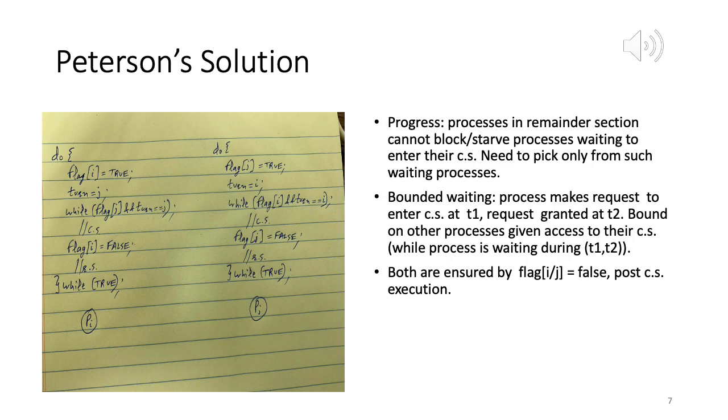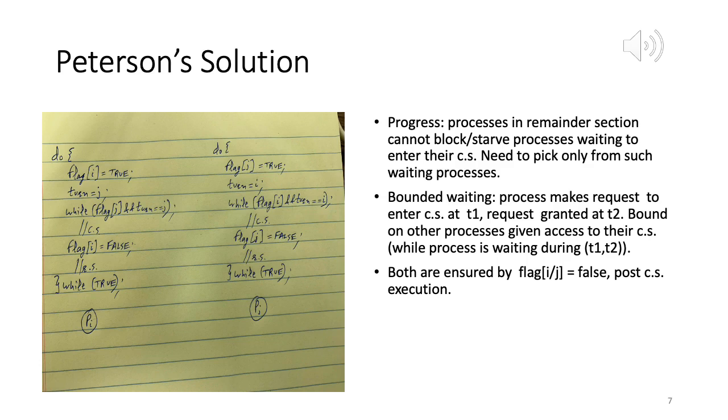So are we ensuring that? Well, yes. If you look at the first statement that a process executes after exiting its critical section, it sets its own flag as false. So what is the only way that a process Pi can wait to enter its critical section?